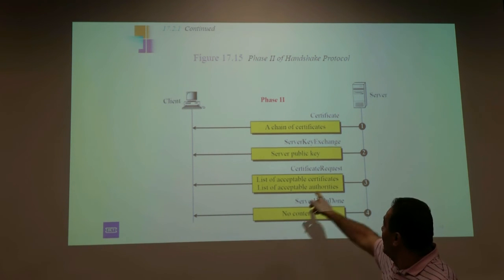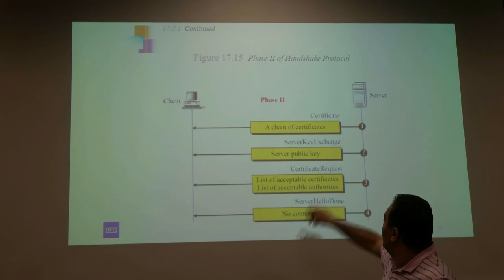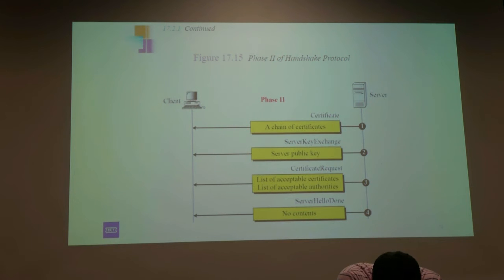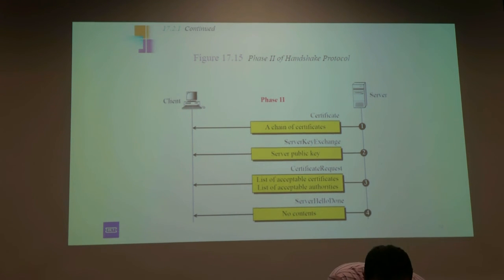Then after that, we have the server public key, the server key exchange. After the certificate message, the server sends a server key exchange message that includes its contribution to the pre-master secret. Remember, the pre-master secret is generated by two parties, right? This message is not required.